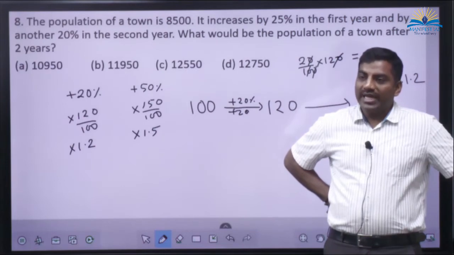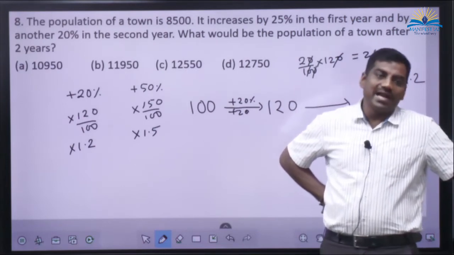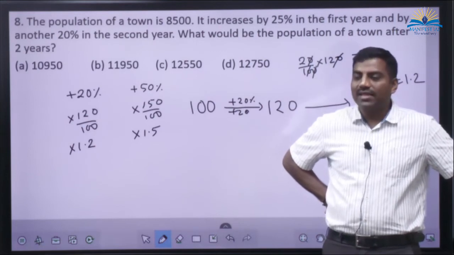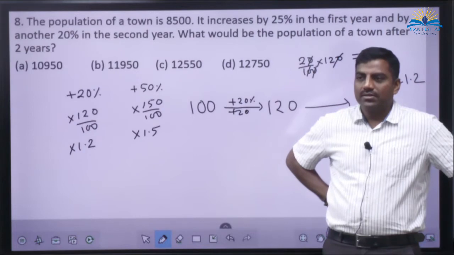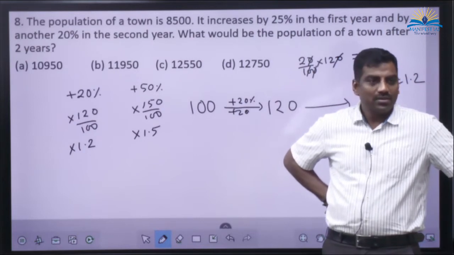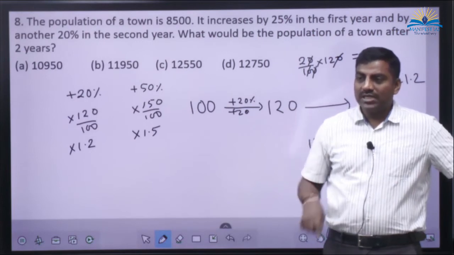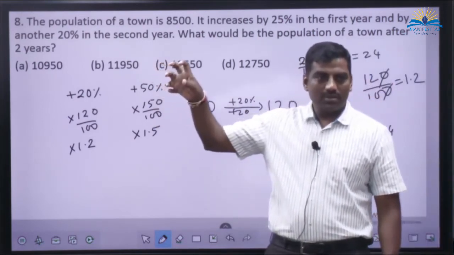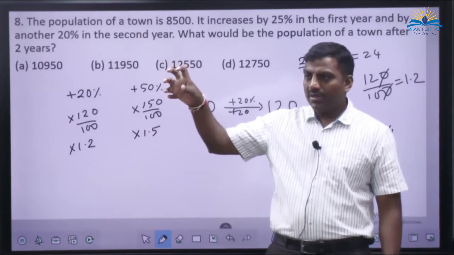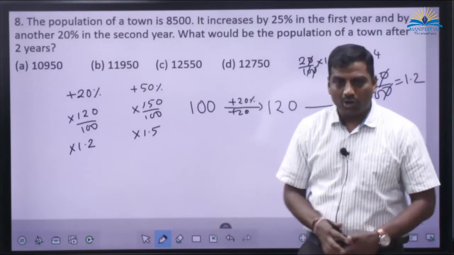So, taking 10,000, multiplying by 50%, you will get 5,000, then add to 10,000: 15,000. Rather than that, I am telling, directly multiply by 1.5. 10,000 into 1.5 is how much? Because calculating the percentage and adding to the earlier amount will take extra time. That is why directly multiply by 1.5.